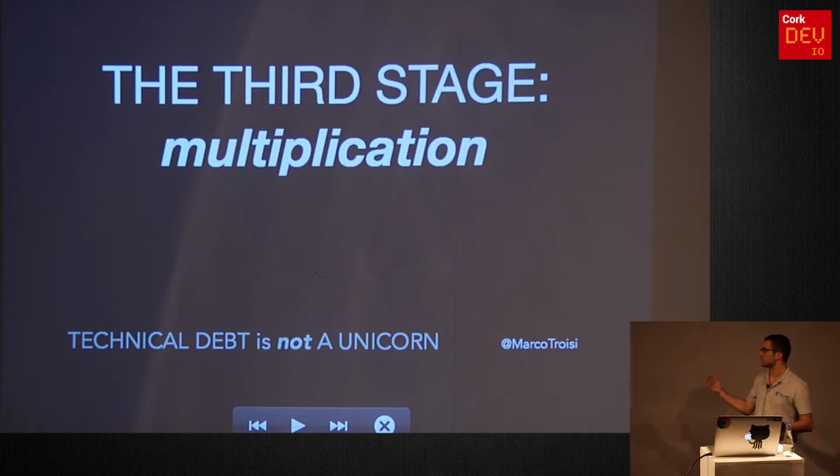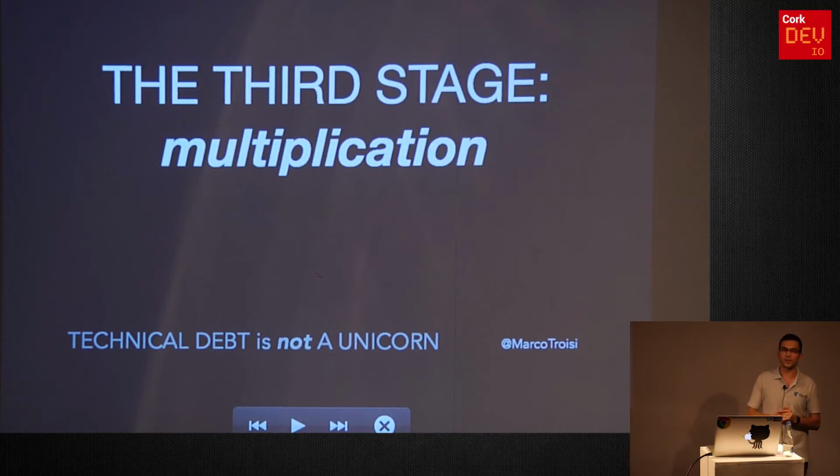Now we're talking about sudden growth in terms of hundreds of thousands of users that could be added on a daily basis. So that's why I call it the stage of multiplication. This is a stage where numbers start going crazy.